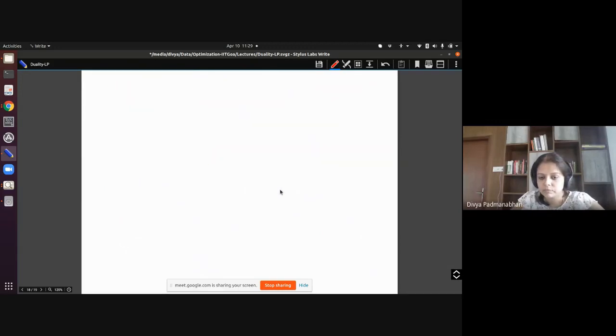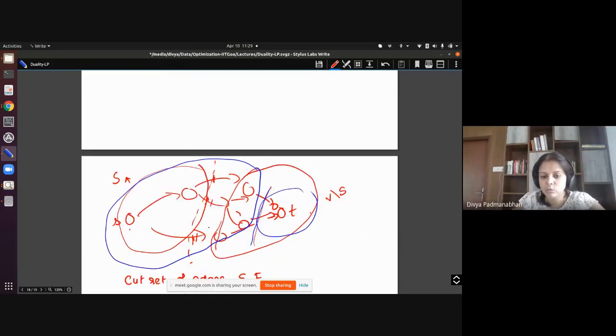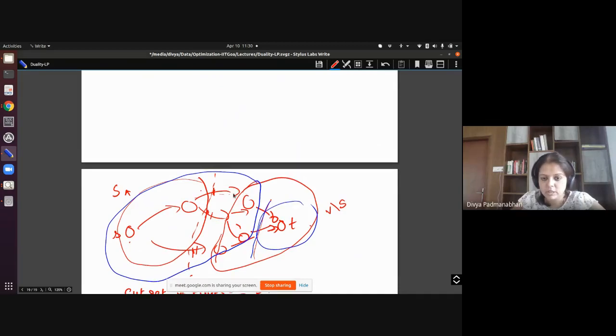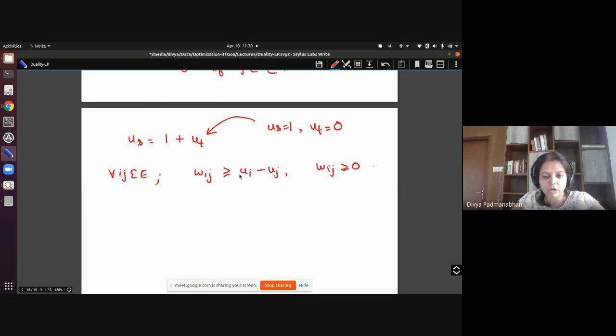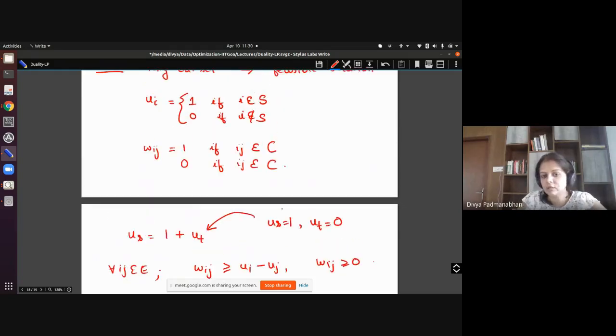Now for the edges where ui is 1 and uj is 0, the Wij here should be greater than or equal to 1. So it's also satisfied for these arcs which are part of the cut set.